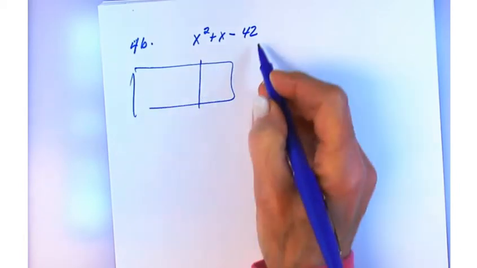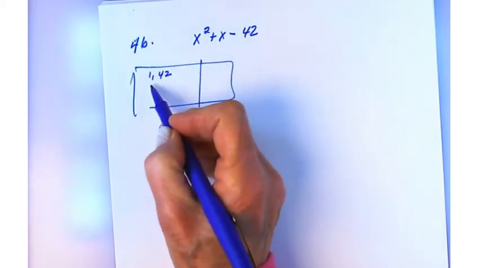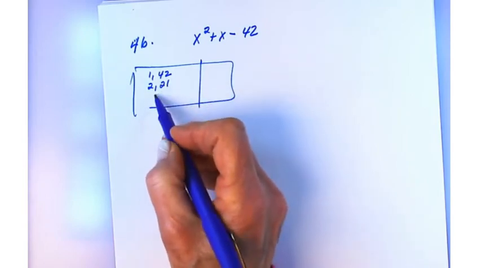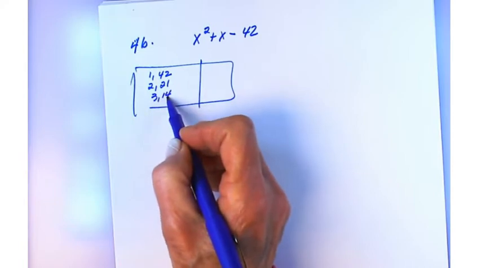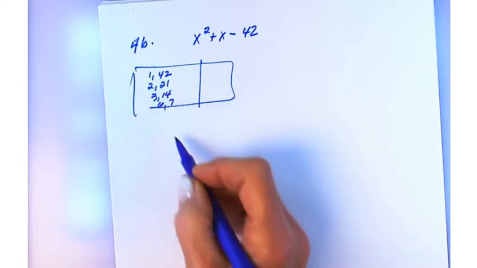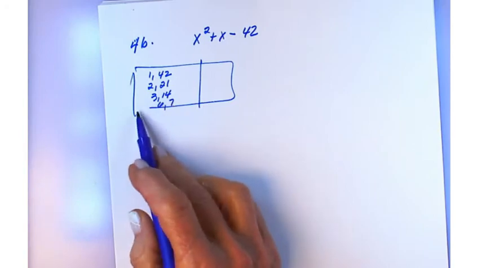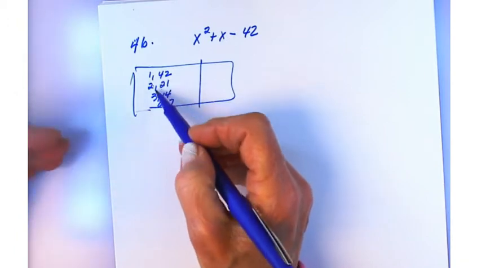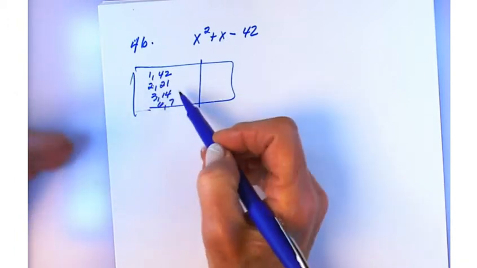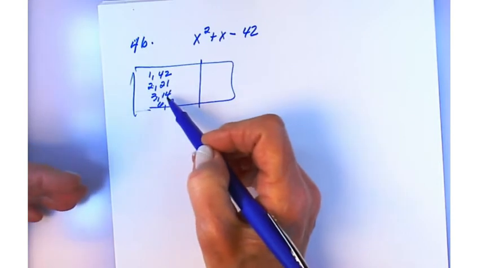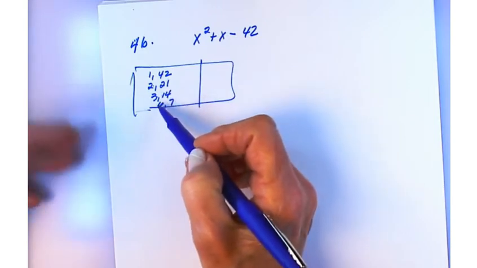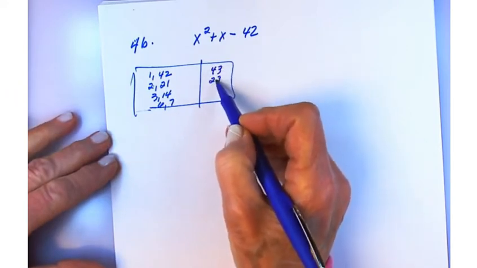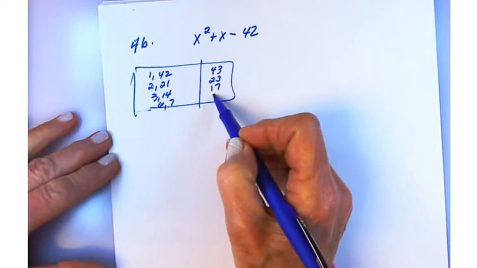So 1 and 42, 2 and 21, 3 and 14, and 6 and 7. So the 3 and 14 may not jump out at you, but you want to go in numerical order, and you want to say, well, I better check 3, and it went in 14 times. I better check 4. No, that doesn't work. Of course, we know 5 doesn't work. So 43, 23, 17, and 13.